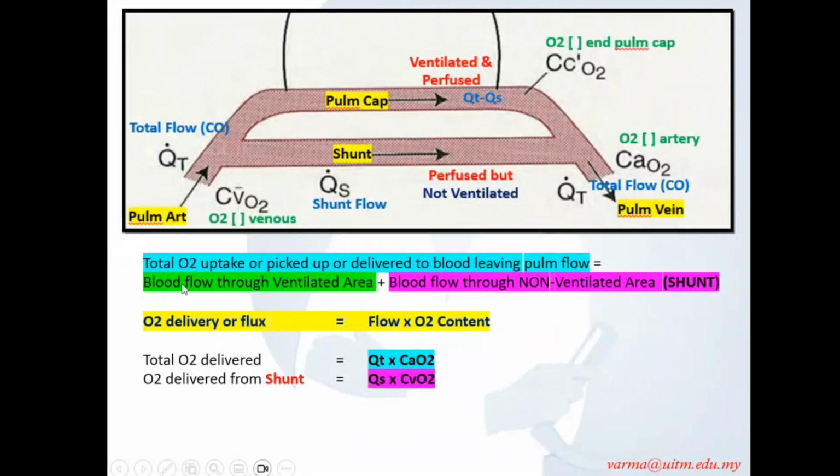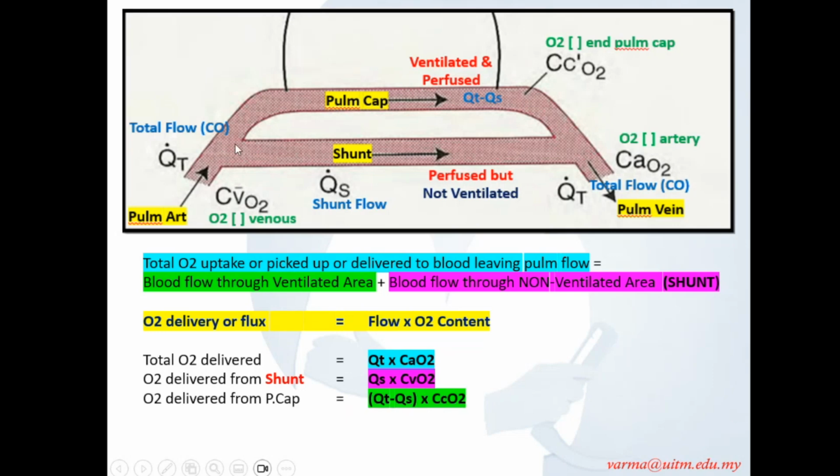Blood that flows through your shunt is QS times CbO2, because the CbO2 blood, the blood from your venous, from your pulmonary artery, which contains mixed venous blood, takes either the pulmonary capillary route or the shunt route. So when it passes through the shunt route, you take the shunt flow. How much is the shunt flow times your CbO2?